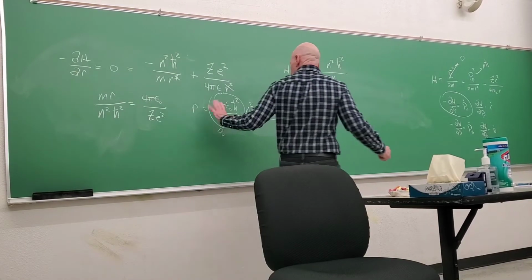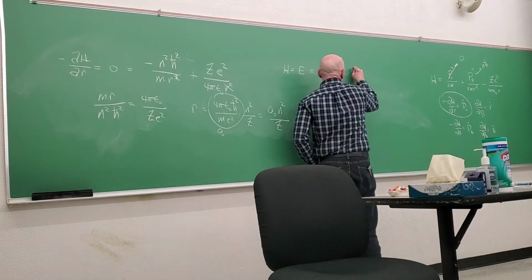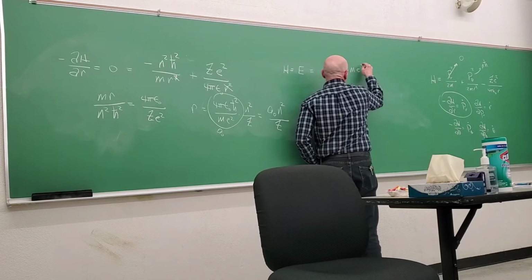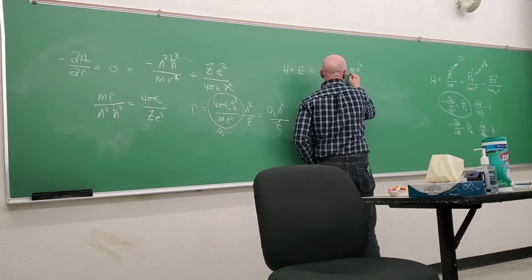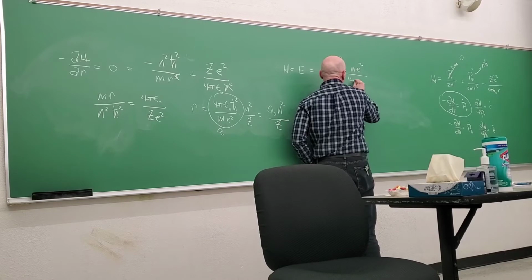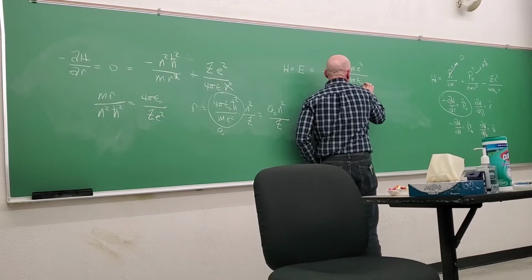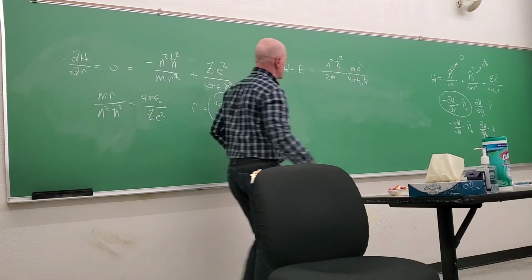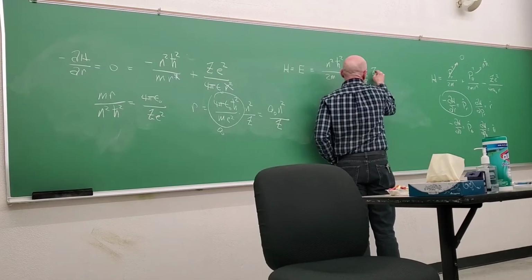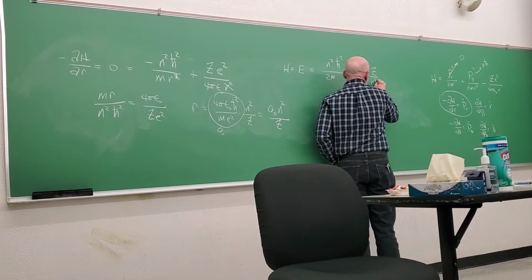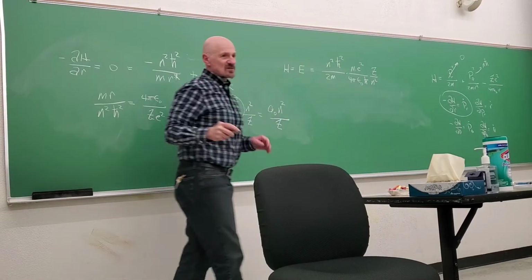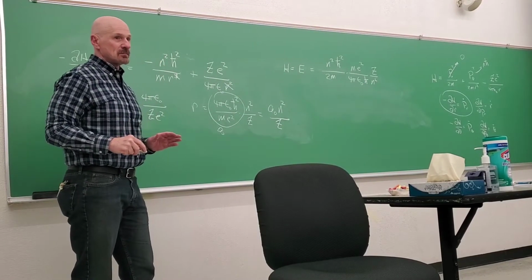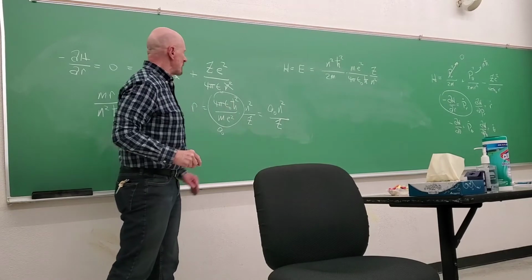If I flip that over, it's going to have an m(e) squared over 4 pi epsilon 0 h bar, so flip that upside down, Z over n squared. That's one of the r's. Flip this, pop that upside down.